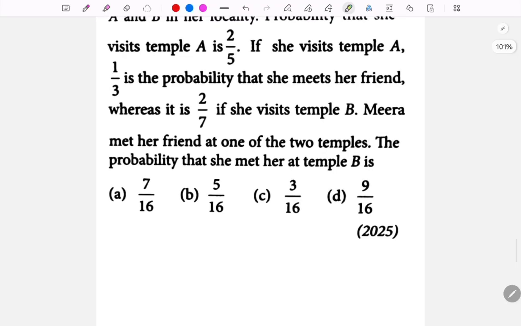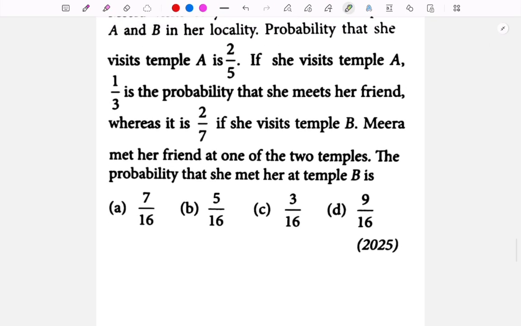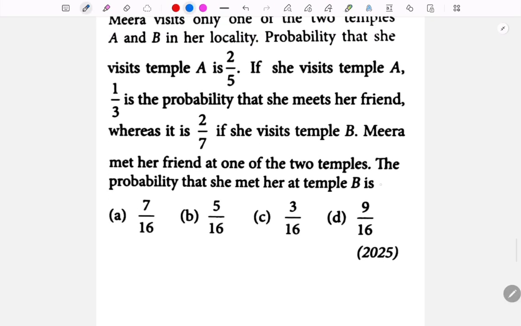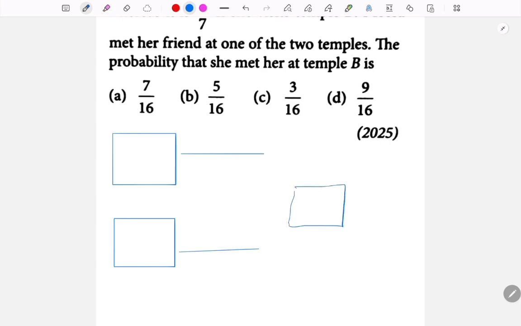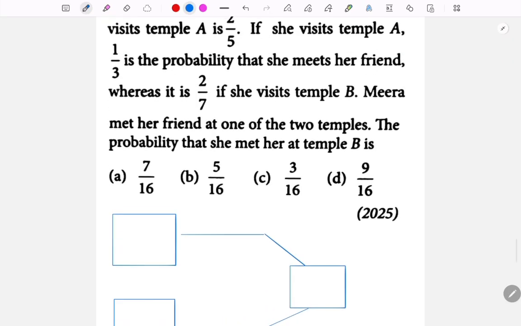There are two types of localities here. For simplicity, it is locality A and locality B, and this one is meets her friend. It is one way, and this one is one more way, right? Now the first one is locality A, right?